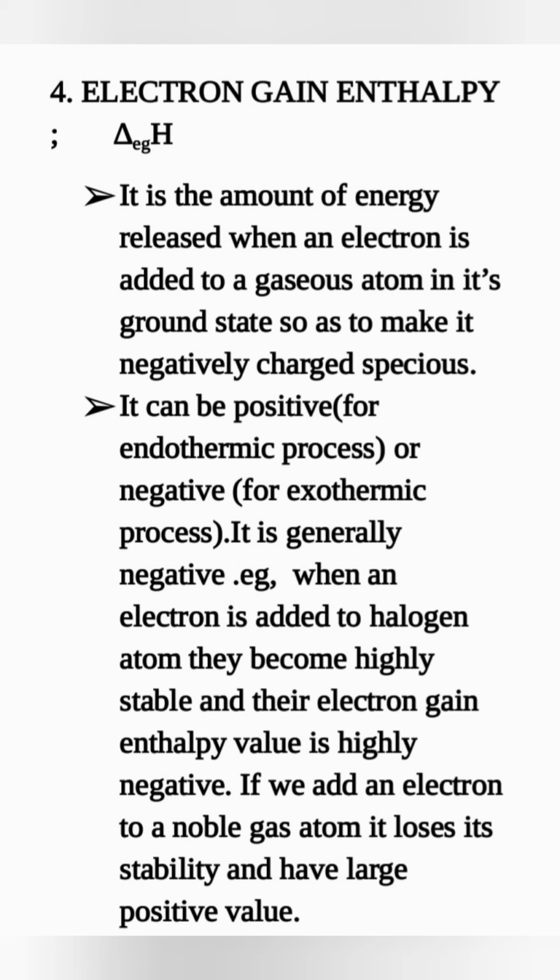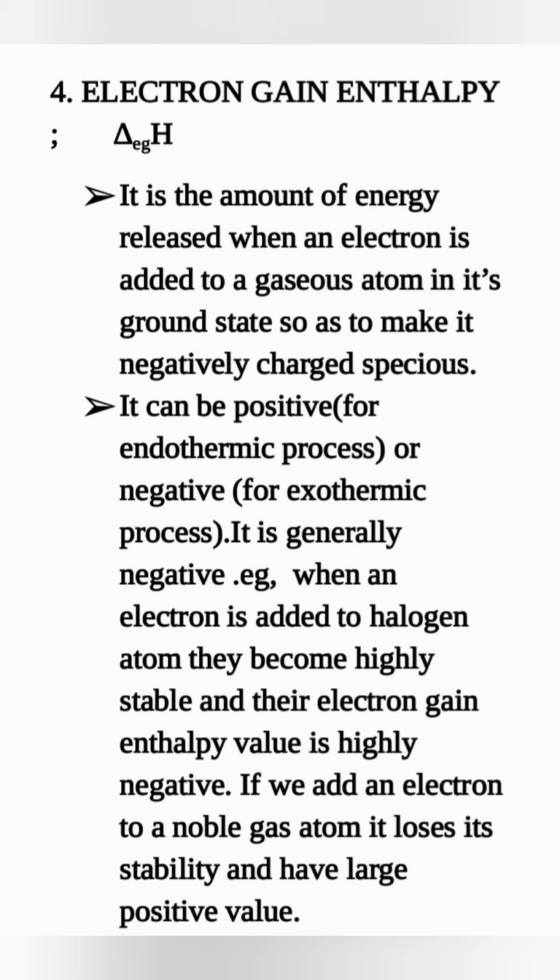For example, when an electron is added to a halogen atom, it becomes highly stable. Their electron gain enthalpy value is highly negative. For example, fluorine, atomic number 9, has electronic configuration 2,7. So if it gets one electron, it will gain stability. So halogens will have a negative value of electron gain enthalpy.